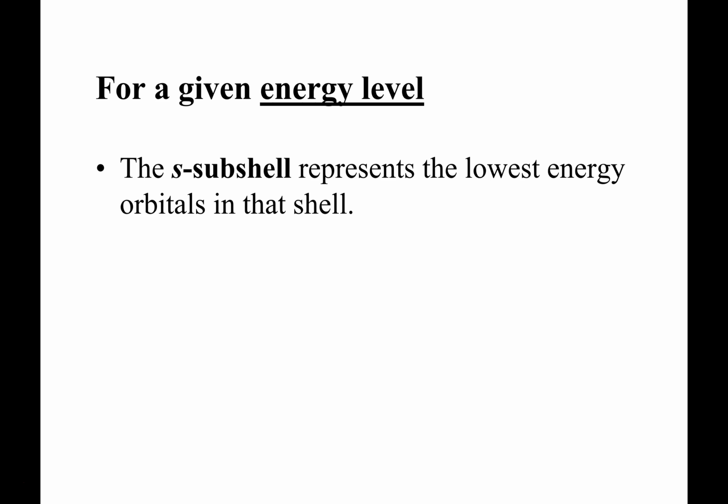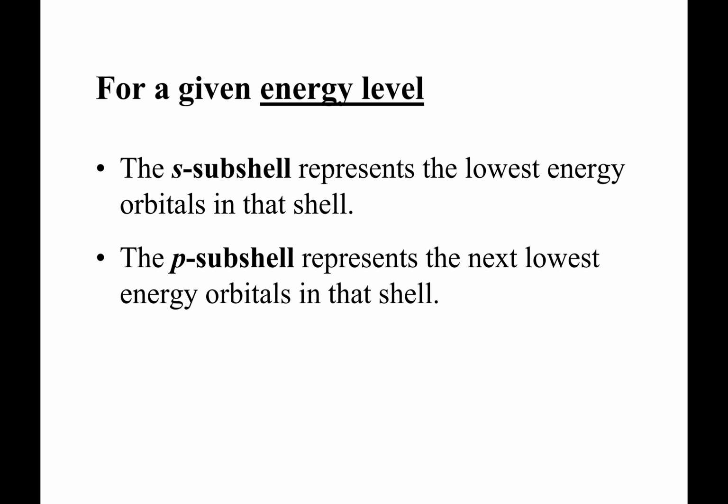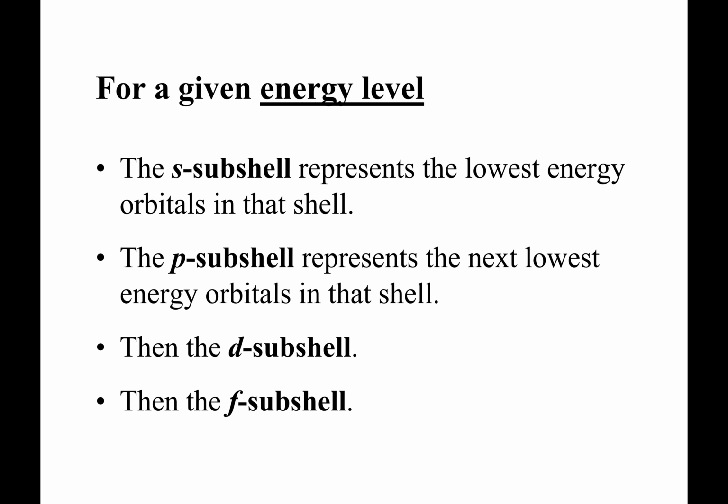Actually, the thing I handed out, I lied a little bit with regard to increasing energy as you go up. I'm going to have to fix that probably on Wednesday. But if it's in the same principal energy level, S is always the lowest, and then P, and then D, and then F.